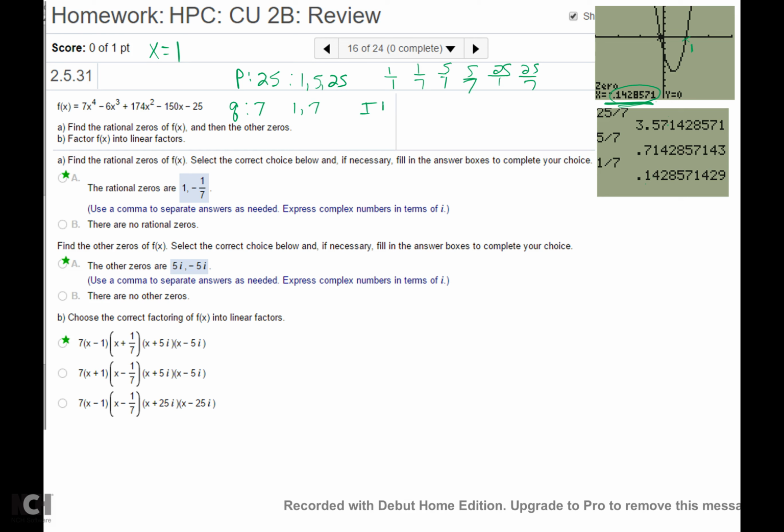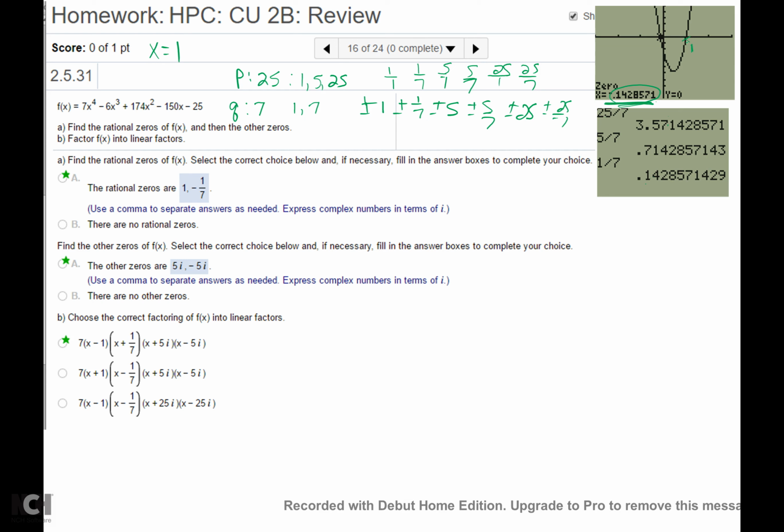That's plus or minus 1, plus or minus 1/7, plus or minus 5, plus or minus 5/7, plus or minus 25, and plus or minus 25/7. So if it's rational, meaning it doesn't have a square root in it, it's got to be in this list.